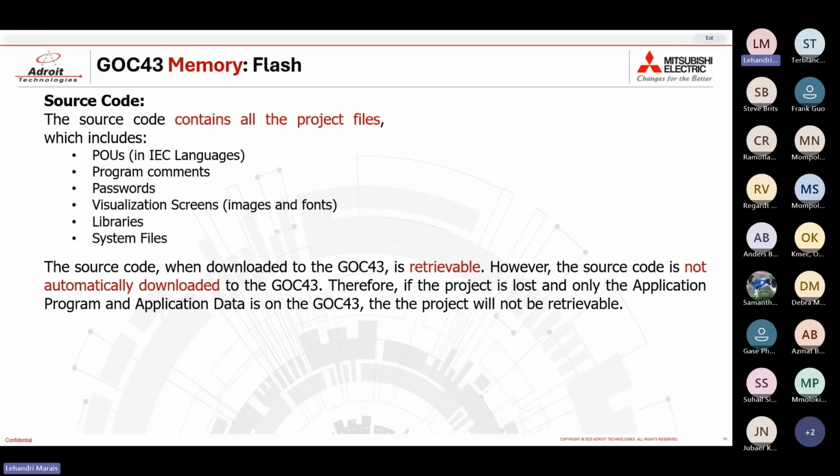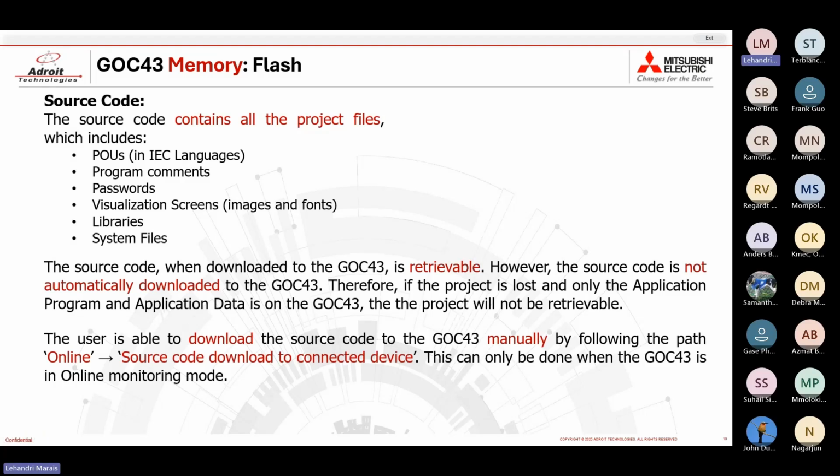However, this source code is not downloaded automatically to the GOC. Therefore, if you lose your project on the PC, you aren't able to retrieve it from the GOC unless you have downloaded the source code to the GOC.